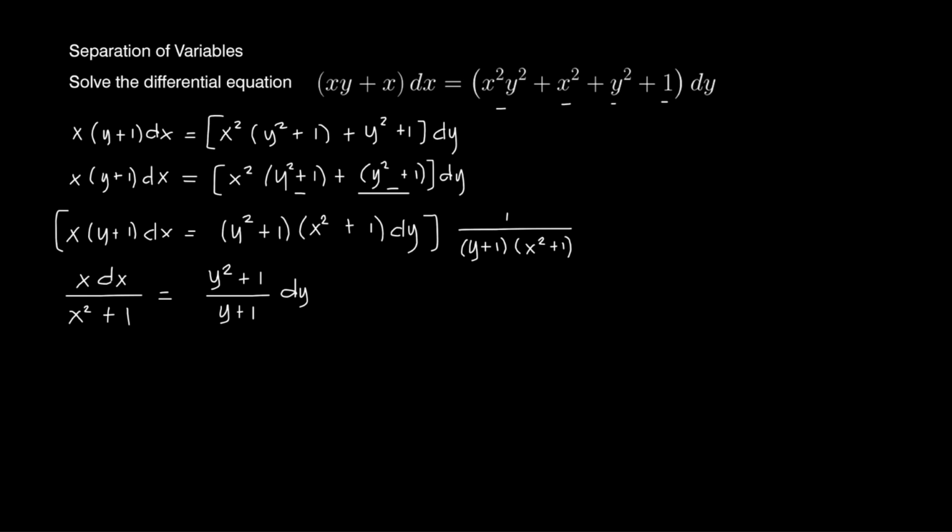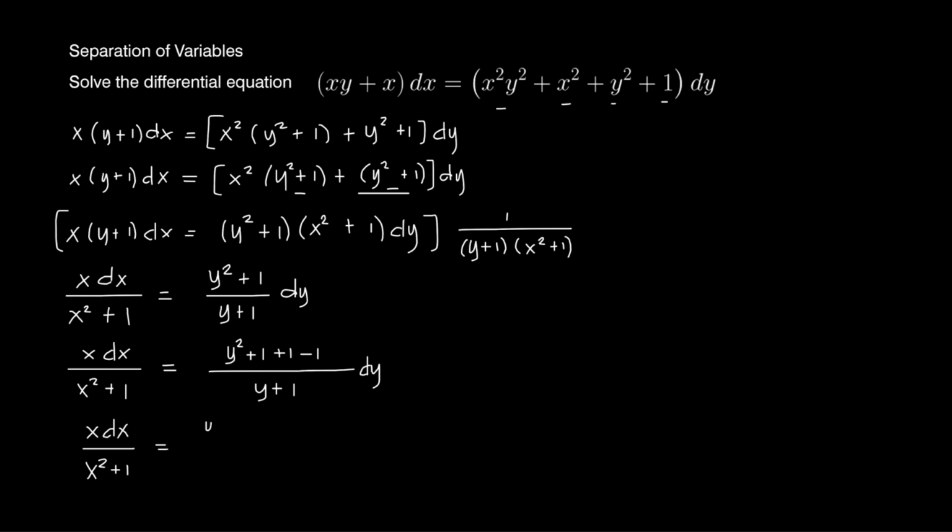So let's copy first the left side. If we add 1 and subtract 1, we're actually adding 0, so it's not changing the numerator. The purpose of that is to have a term y squared minus 1, plus, if we add the rest, we get 2 over y plus 1 times dy.